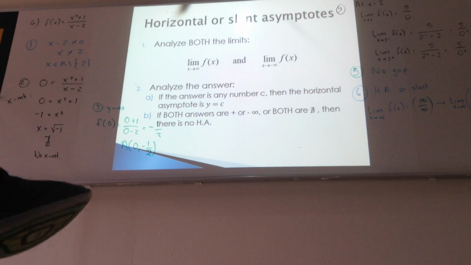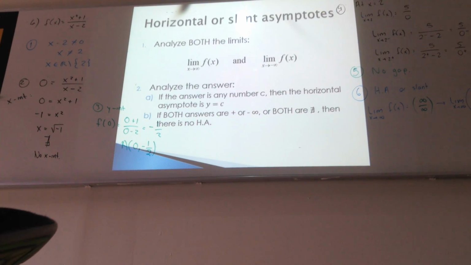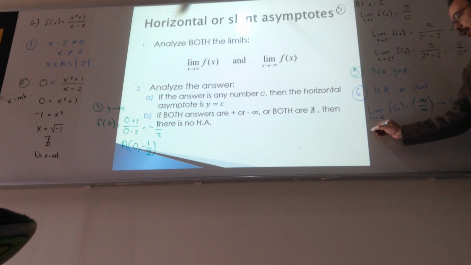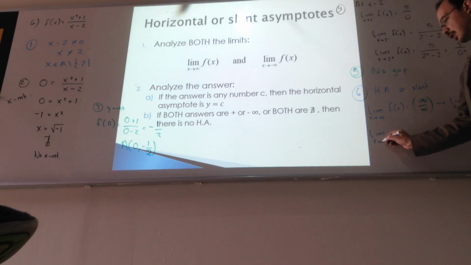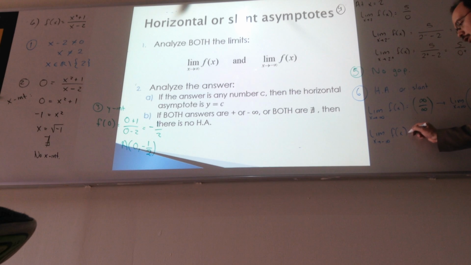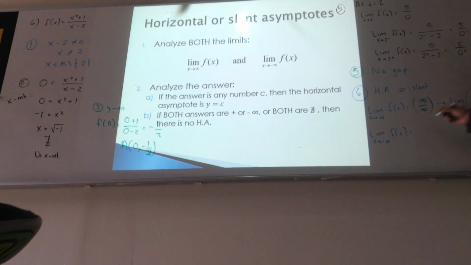Evaluate at infinity, so this becomes 0, this becomes 0. You have x, so it becomes infinity. Infinity over 1, infinity. The other one, the limit as x approaches negative infinity of the function, you obtain the answer negative infinity.